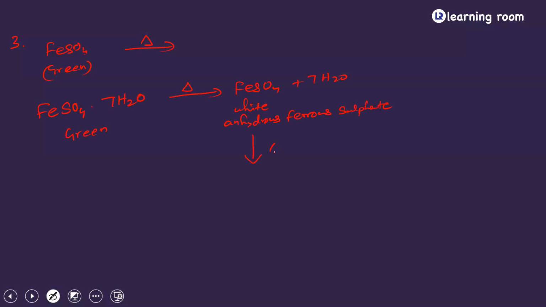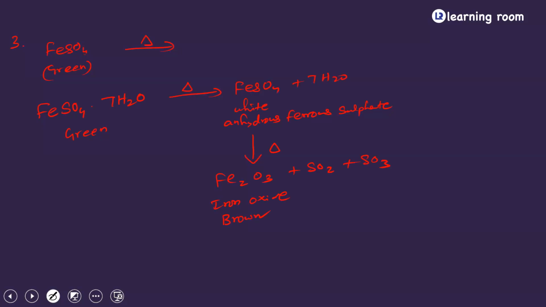Again, if you heat that ferrous sulfate further, it will give Fe2O3 plus SO2 plus SO3. This is iron oxide, so the color becomes brown, white to brown. Hydrous means with water, anhydrous means without water. Okay, next question.